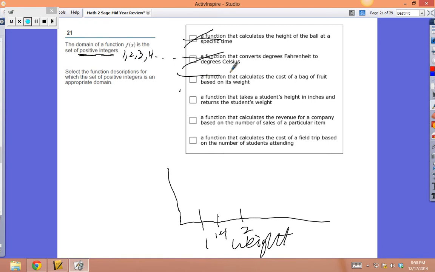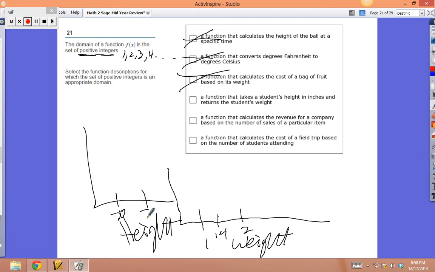So this one's not going to make sense. Height in inches and returns the weight. So you give me the height. So there exists 70 inches, but between 70 and 71 inches, there's a handful of kids that are 70.2 inches. So this one's not going to make sense.